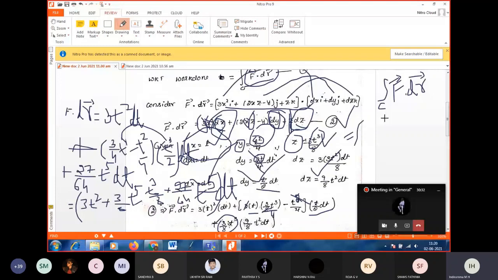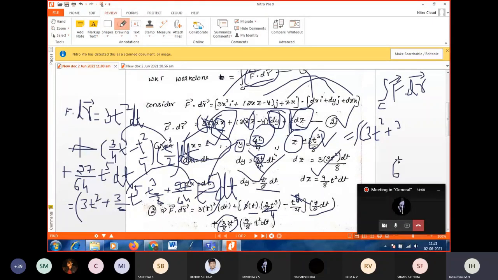Write all the terms we simplified: 3t square plus 3 by 8 t power 5. So we have two terms of t power 5, right? Simplify the second term and the last term by taking 64 as LCM.